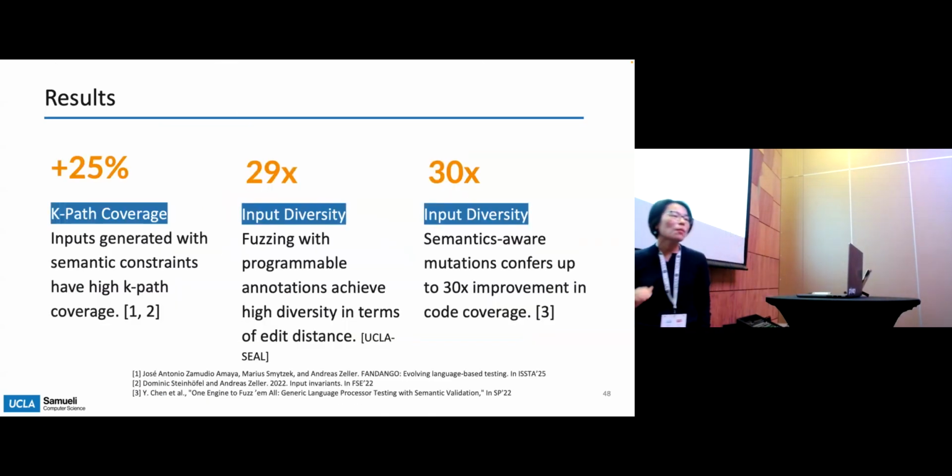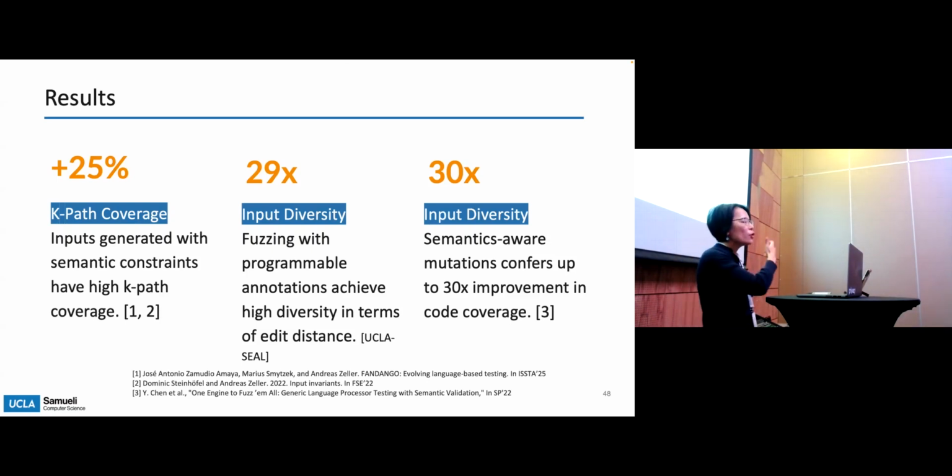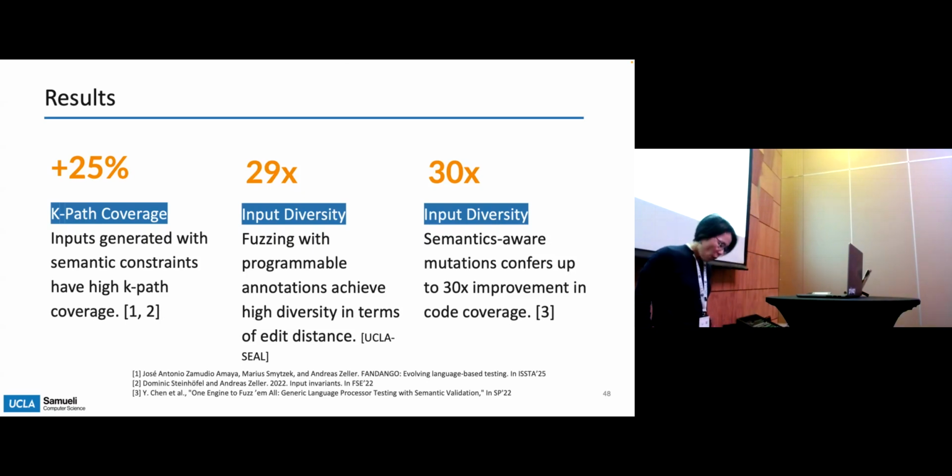And if you look at some of this work that's being published or has been published, these are showing tremendous potential, and I'm really excited. Not only do these kinds of input constraints serve in generating better well-formed input, they also do pretty well in terms of K-path coverage of valid or generated input.